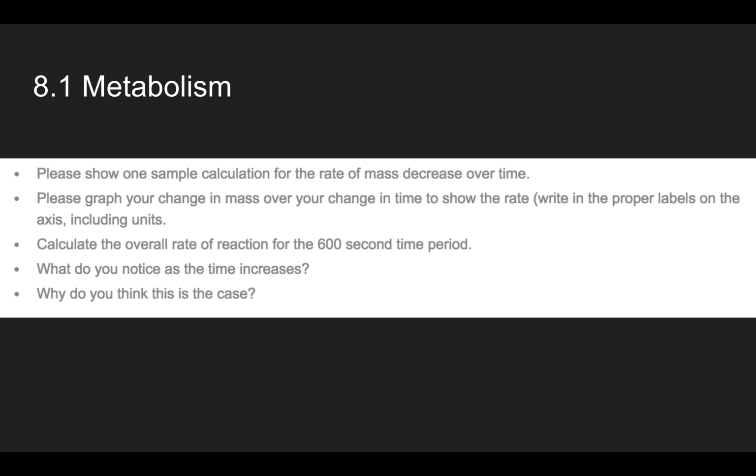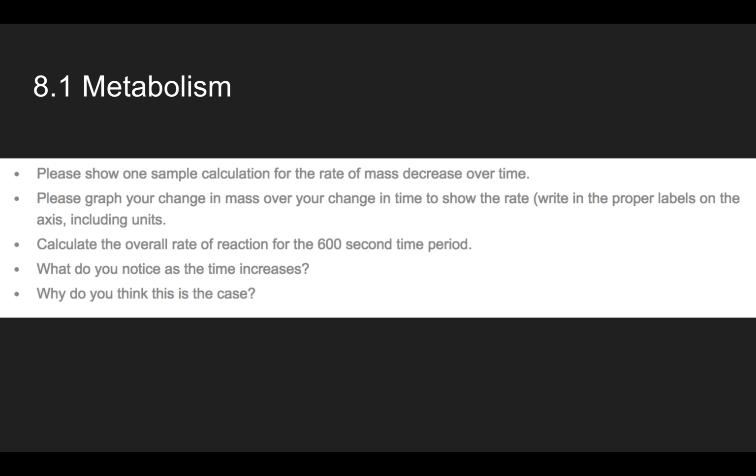As it reads, please show one sample calculation for the rate of mass decrease over time. When you post process data, you are expected to post a sample calculation of however you're processing. You're going to graph your change in mass over your change in time to show the rate. Okay.